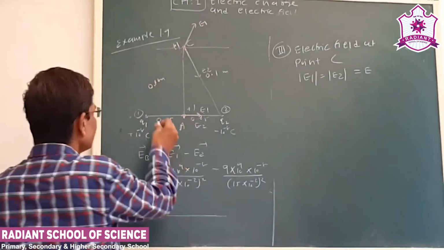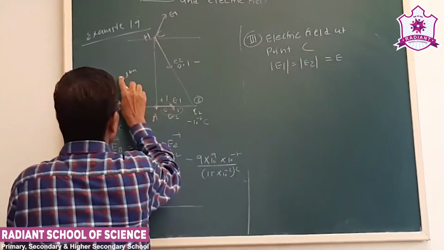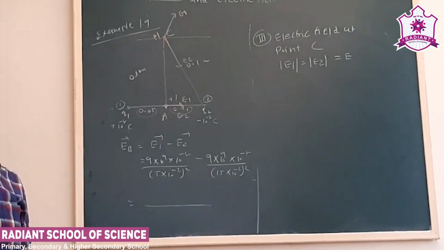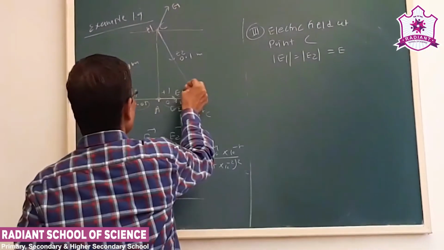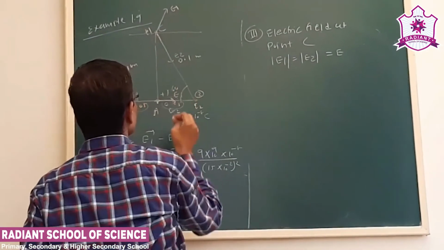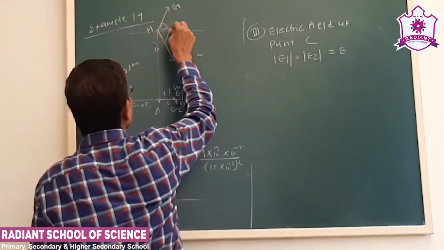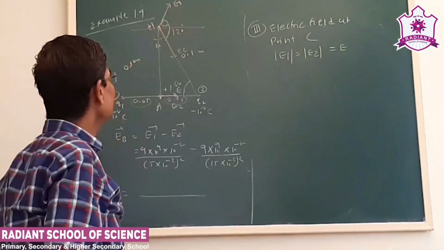Now see here, 0.05 plus 0.05 will be 0.1, so the sides are 0.1, 0.1 and 0.1. What does this suggest? It is an equilateral triangle. In an equilateral triangle all angles will be 60. This angle also will be 60. So the linear pair forming angle will be 120.